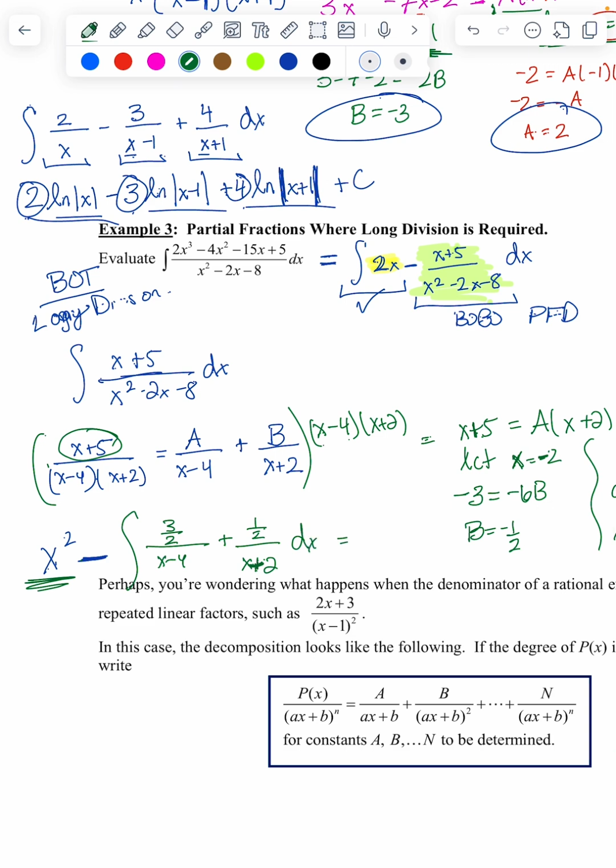So when you integrate, final answer, you've got your x squared minus 3/2. Remember, that minus sign goes to all of this, please, so don't forget that, okay?